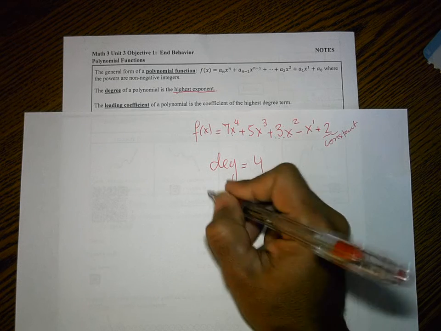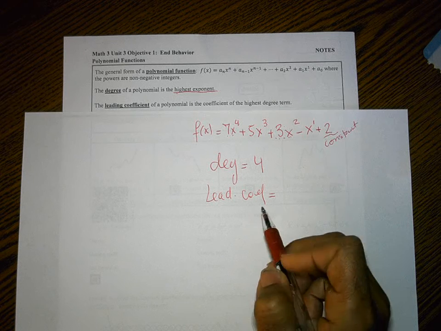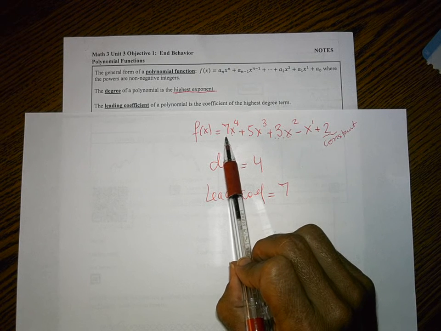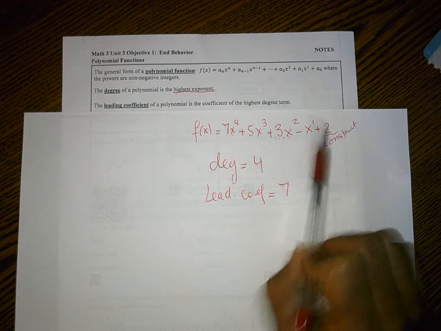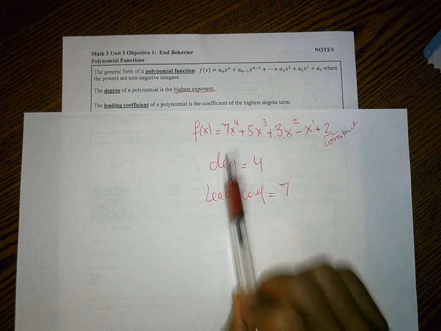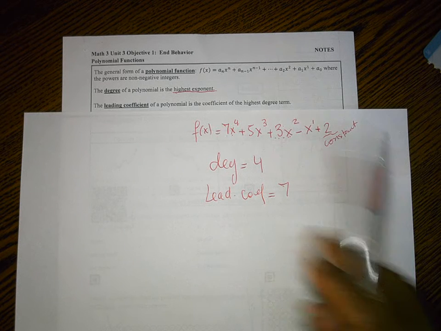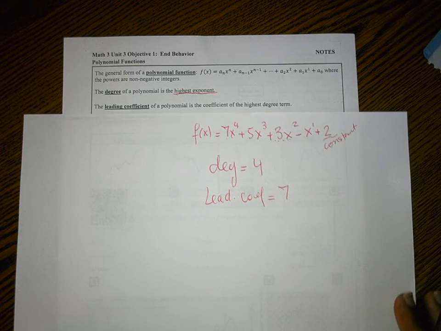So the leading coefficient, just to abbreviate lead coefficient, is a 7. Sometimes the terms are all mixed around, and we have to rewrite them to put them in order so we can find the leading coefficient. All right, so now we know what degree is, we know what leading coefficient is.